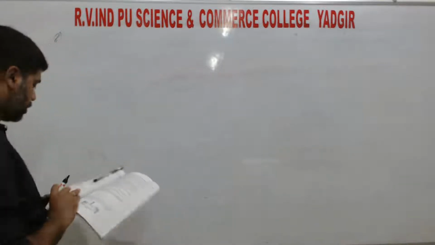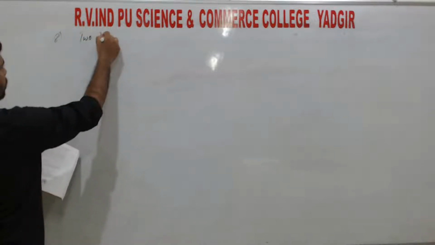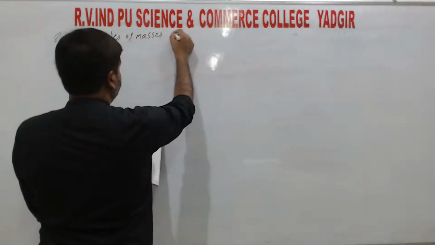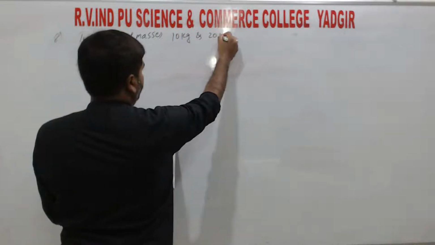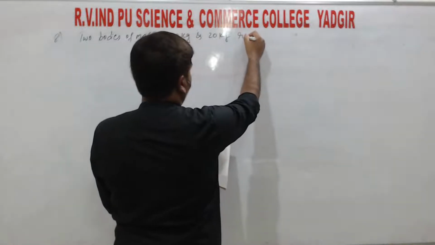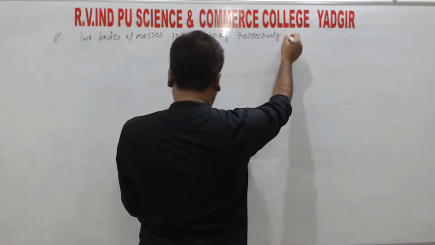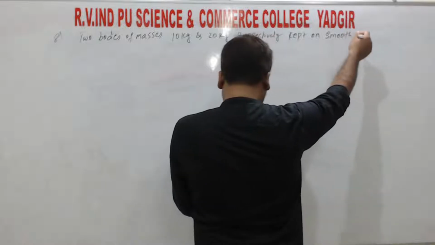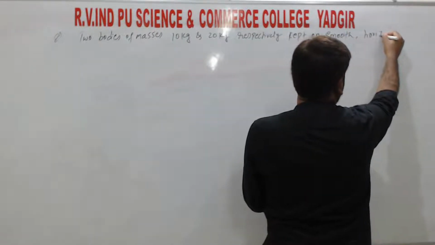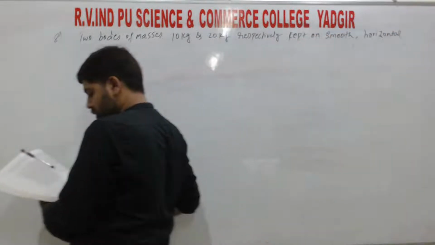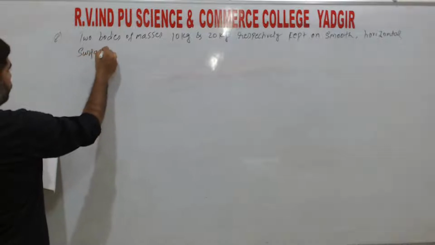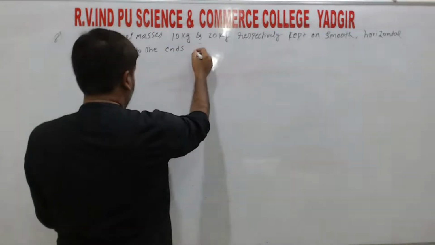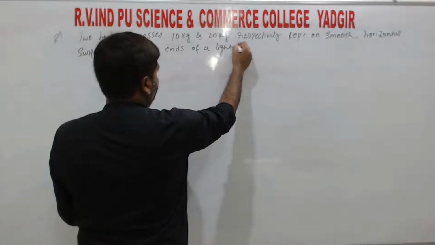Eighth question. Two bodies of 10 kg and 20 kg respectively kept on smooth horizontal surface are tied to the ends of a light string.